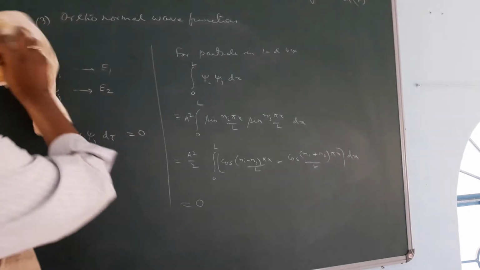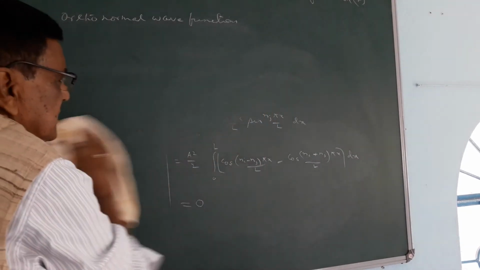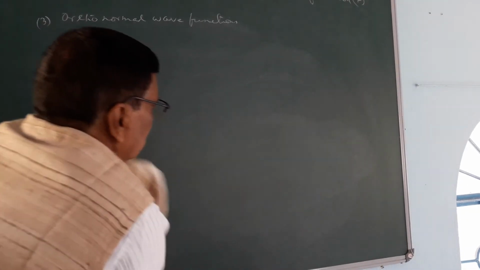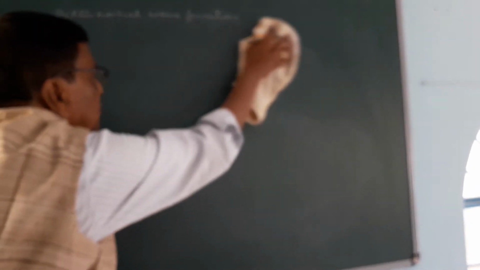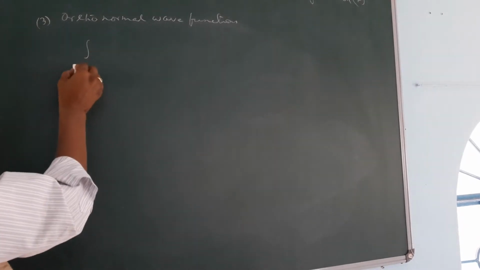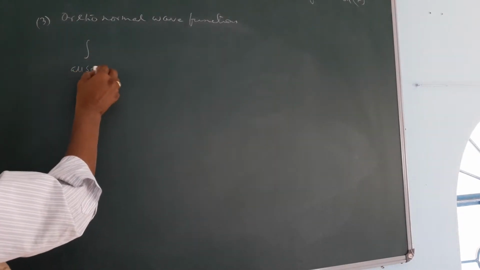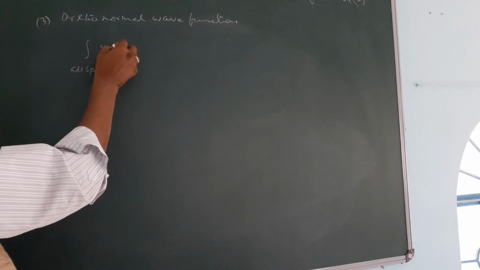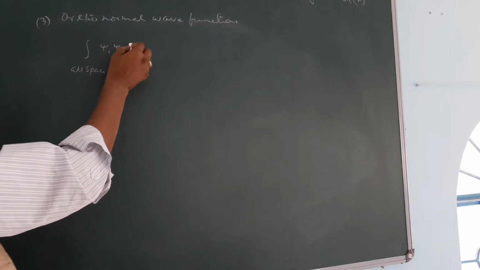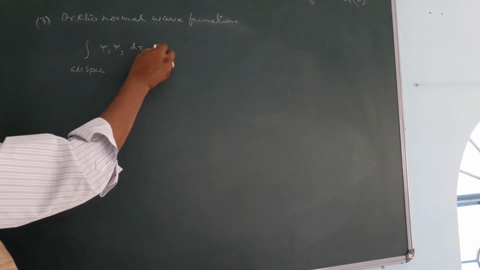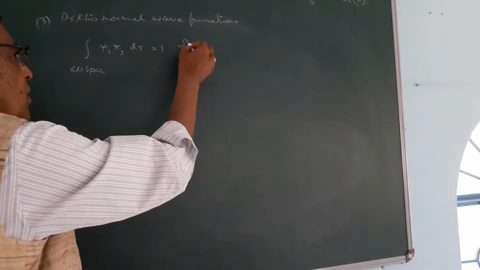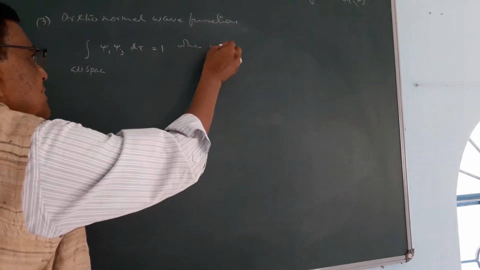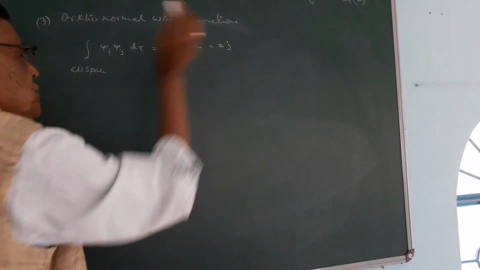In this case, both the functions should be normalized and also orthogonal. Both the conditions should be there. Over all space, we can write the first condition: the integral of psi i psi j d tau equals 1 when i is equal to j.